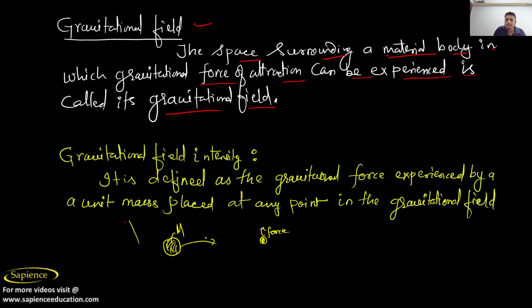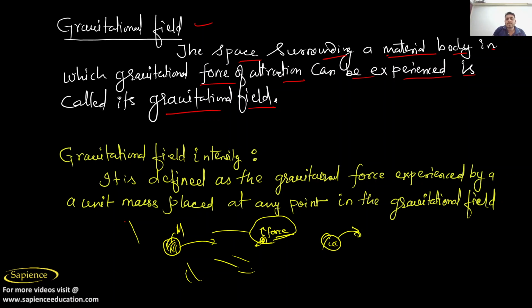It means that it has some field around it. But a single mass cannot experience a gravitational field. If you want a gravitational force to be experienced, there is a need of two masses. I hope you have understood.